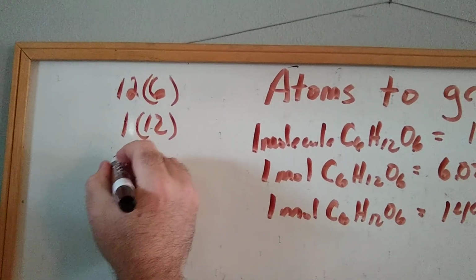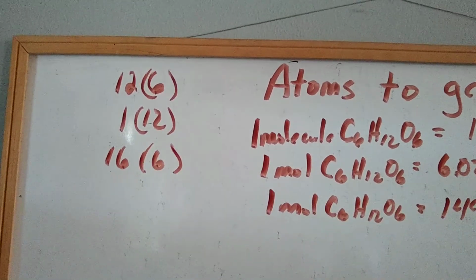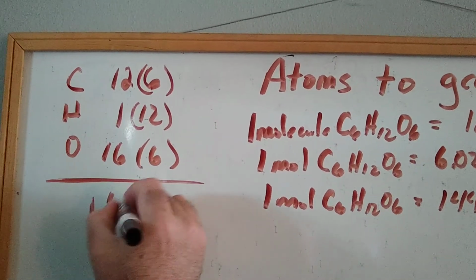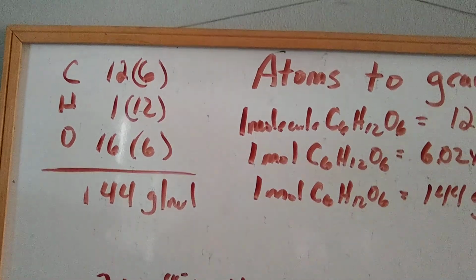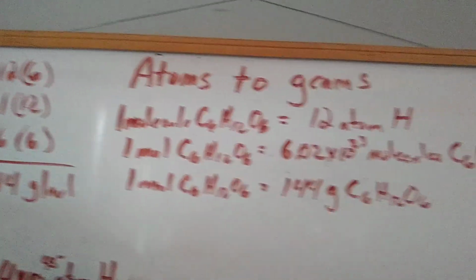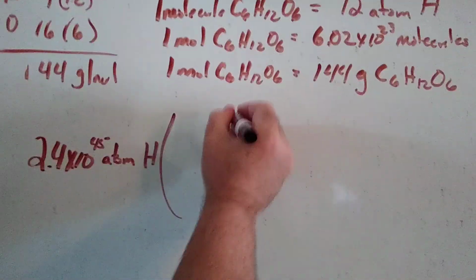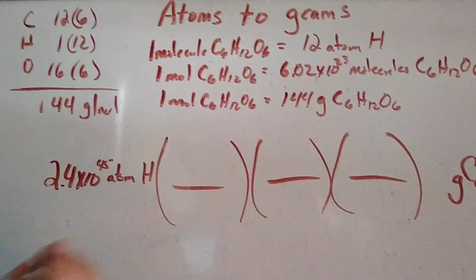And we have 16, and there's 6 of those for C, H, and O. And you add those all up, and it comes out to be 144 grams per mole. Very important number. You'll see that a lot. So, if these are my 3 conversions, I can then stick these in here, and we'll get our answer.